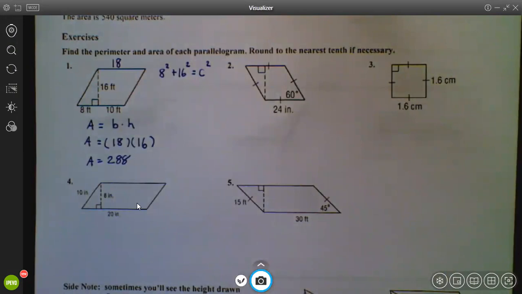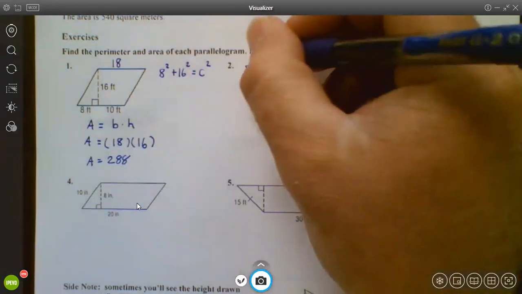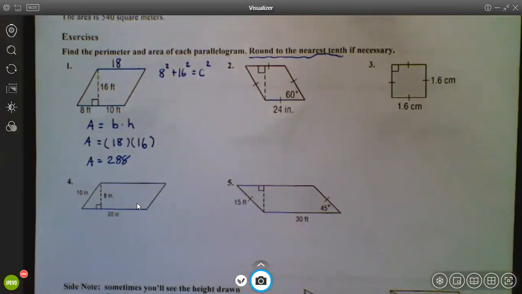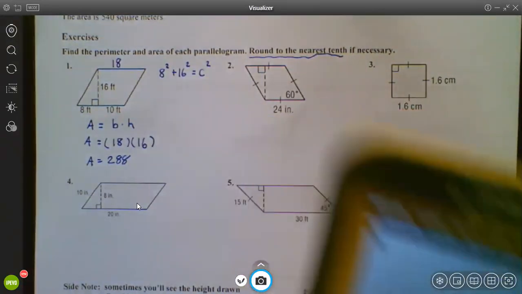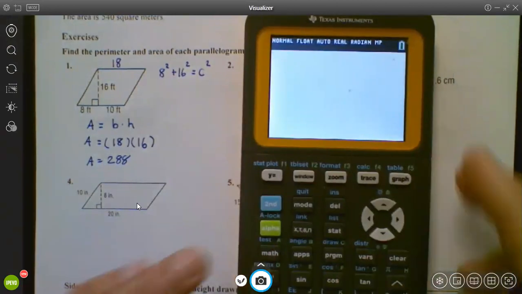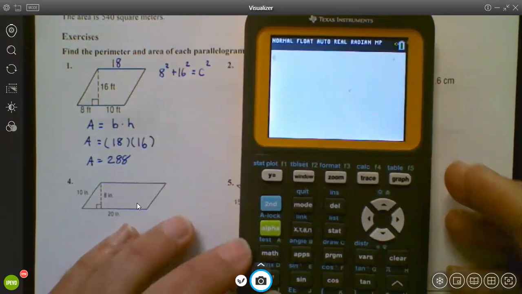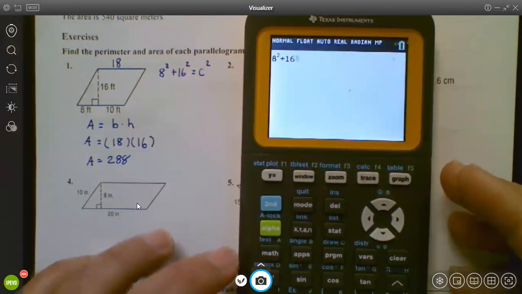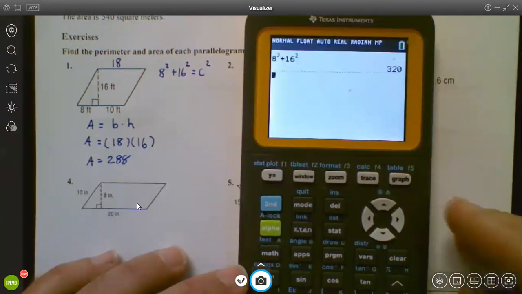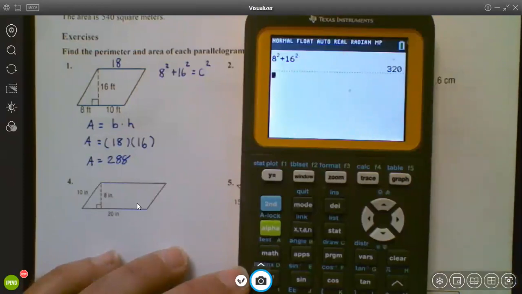Guys, notice on this one does say round to the nearest tenth. So that's at least one piece of good news on this: you don't necessarily have to work with radicals. If they say round to the nearest tenth, then we'll round to the nearest tenth. So when I add those guys together, I get 320.